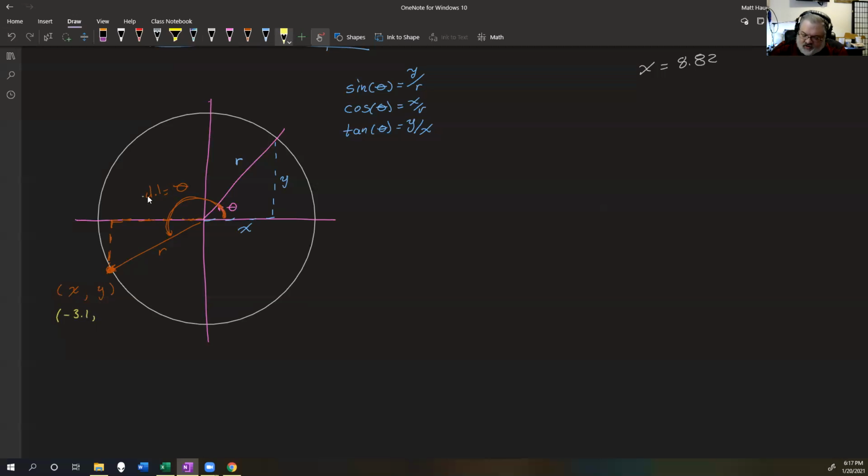And that's going to make this angle different. So let's say we knew that point in space. Could we figure out what the tangent of that angle phi is?